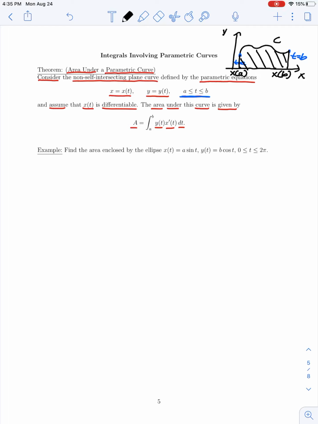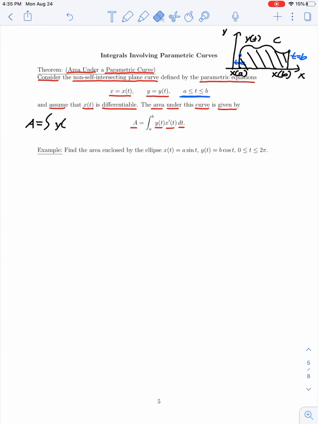Our height here of this curve is given by y of t. So we know that the area under the graph of a function, here our function y, would be the integral of that function y.